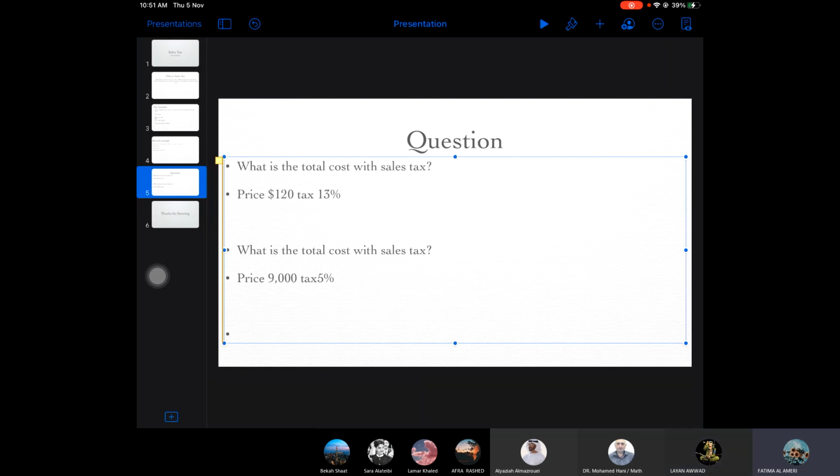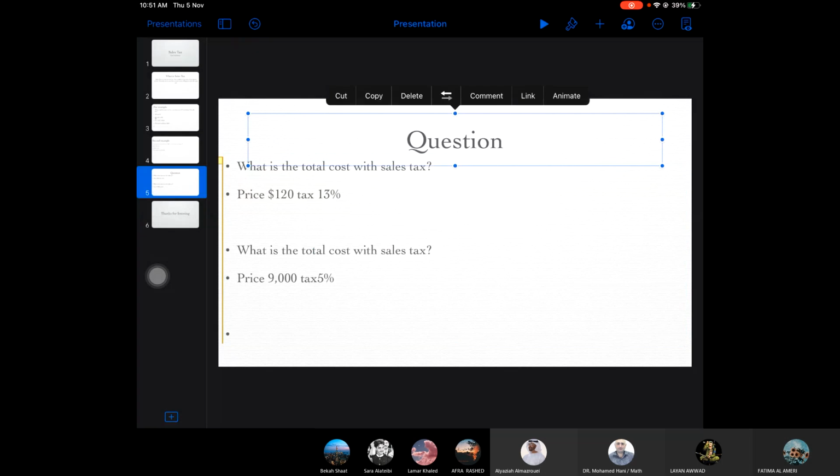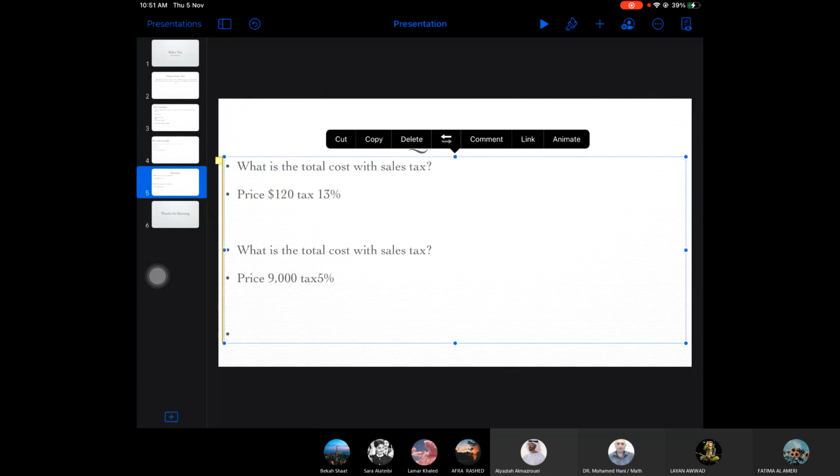Who can solve the second question? Can I solve it again? The answer will be 9,450.